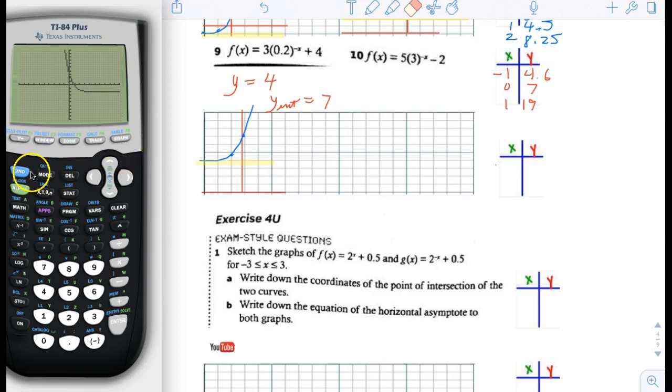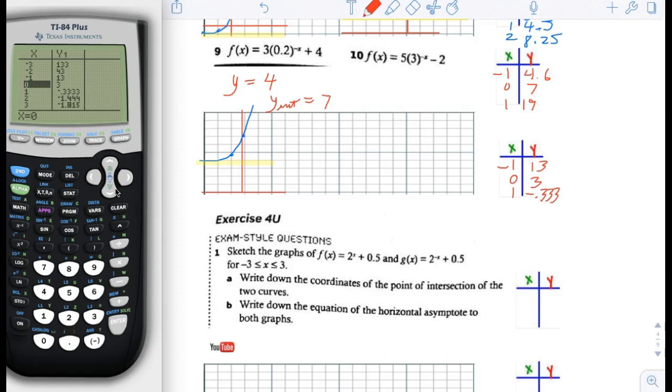Now we're going to take a look at the grid, the table. So we got negative 1, 13, 0, 3, 1, negative 0.333.